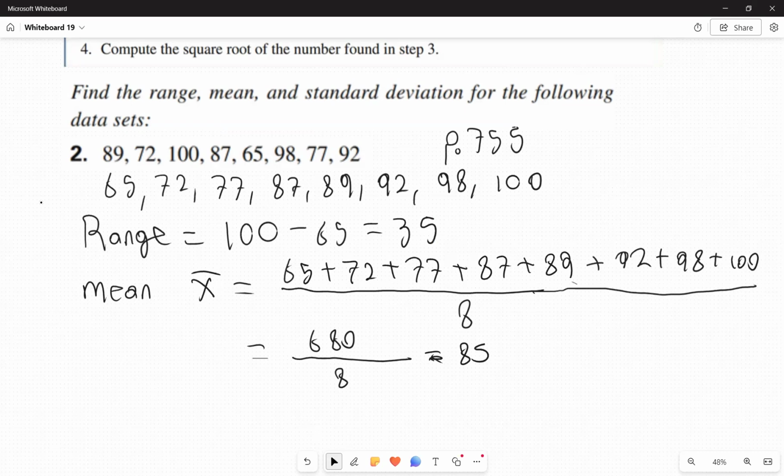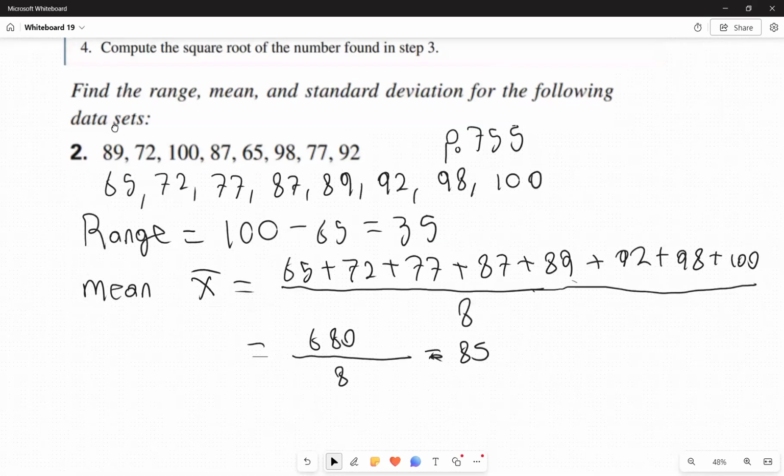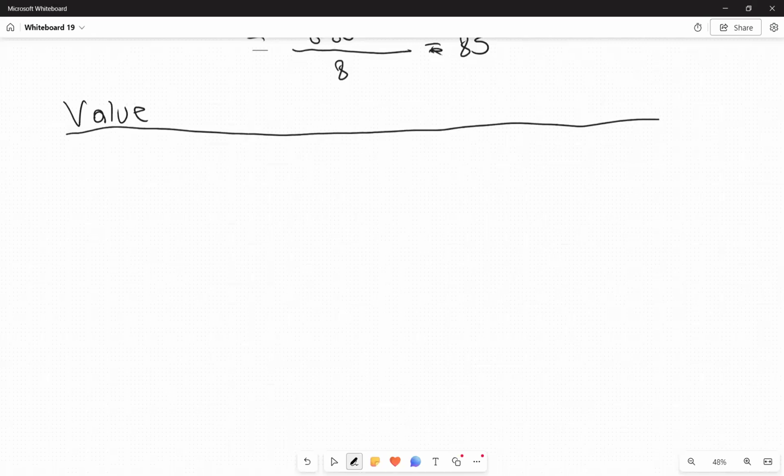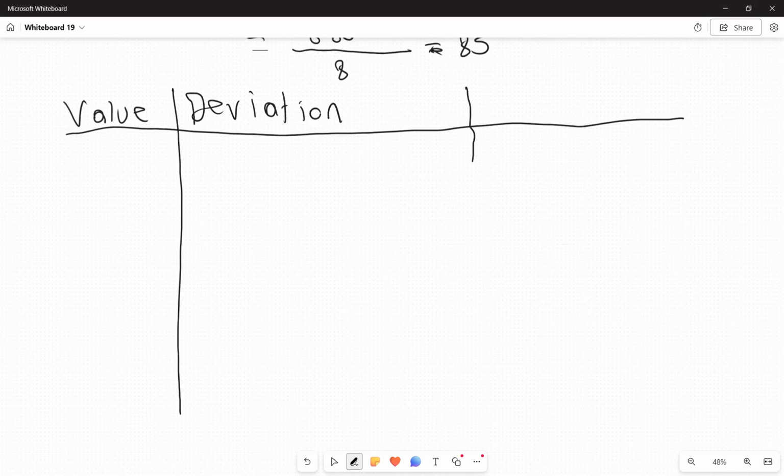Now that we know the mean, we can find the standard deviation. One way to keep things organized is to make a table, in this case with 3 columns. If all the data values are different, you only need 3 columns: one with the data value, another with the deviation, and the third with the square deviation.